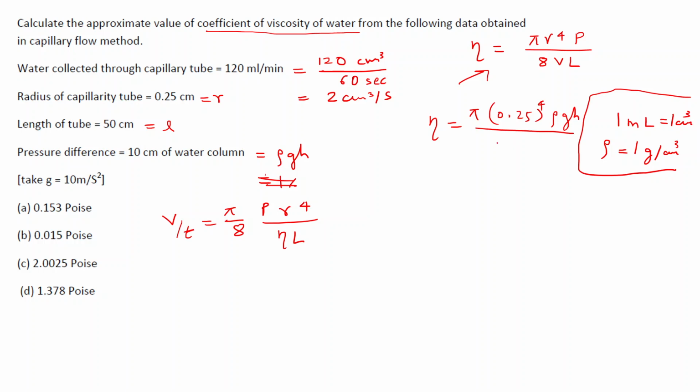So the expression becomes 8, and the volume here we already have, which is 2 centimeter cube per second, and the length of the tube is 50 centimeter.